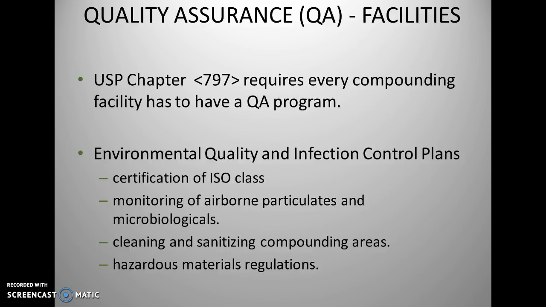Certification of the ISO class in relationship to biological safety, contaminants, monitoring of airborne particles, particulates, and microbiologicals, making sure that there's a clean and sanitized area for compounding, and then being able to adhere to the regulations associated with hazardous materials that may be used in the compounding process.